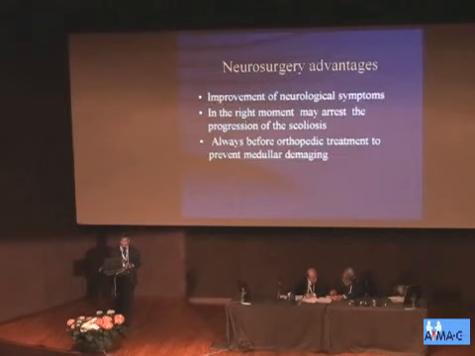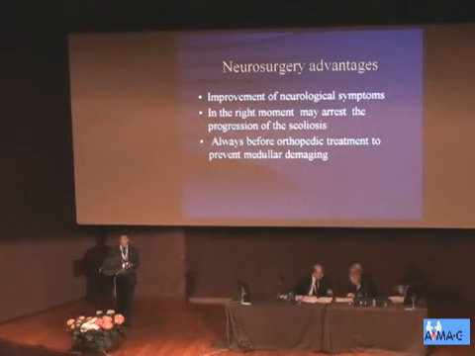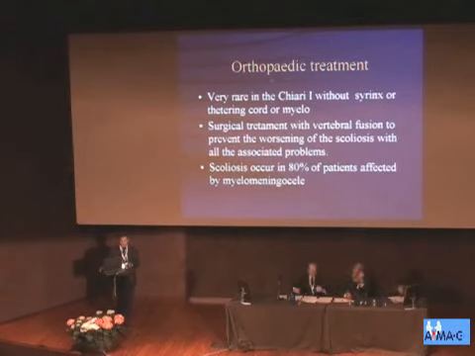The advantage of neurosurgery, improvement of symptoms, first of all. When it's done at the right time, it can also arrest scoliosis, and also it has to be done before orthopedic treatment, because having vertebral fusion, if you have a tethered cord, a Chiari, before you untether or deal with a syrinx, obviously you risk creating a very, very severe spine damage.